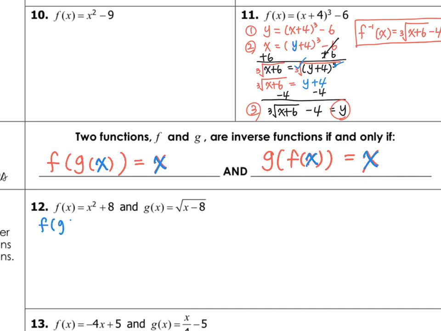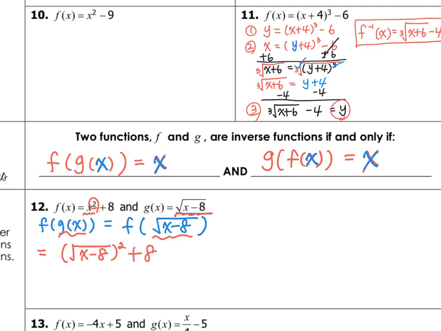Now f of g of x first. So g of x is the square root of x minus 8. So I'm going to substitute, instead of x in f of x, the square root of x minus 8. That will give me the square root of (x minus 8), squared, plus 8.